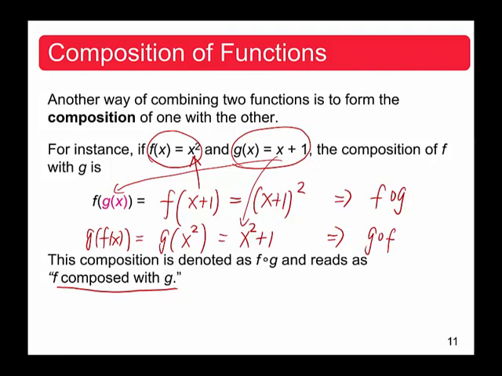Whichever you write first, that's what we call the main function, and then the second function is what we call the inner function. So outer function, inner function. This is the outer function, and this is the inner function. And that makes a difference. Whichever appears first is the outer function, and whichever appears second will be the inner function.